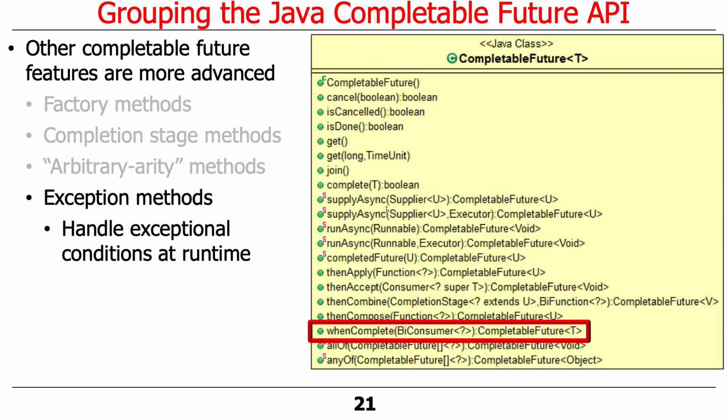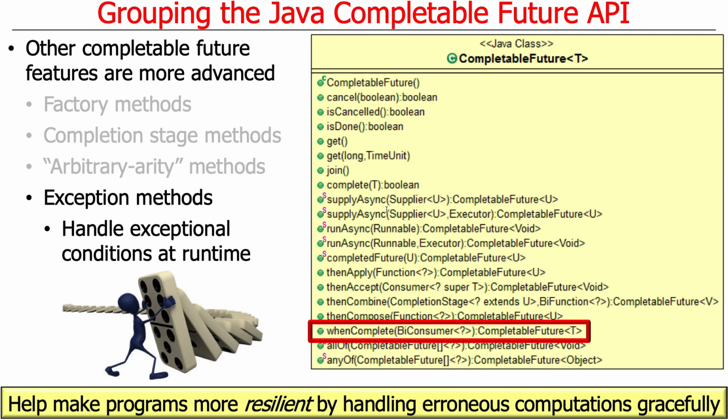So something is running in the background, it fails, and then you need to inform someone, typically the caller or the handler, that something's gone awry. And we'll see that there's 3 primary methods that have a couple of variants there. And of course, these methods help to make programs more resilient.